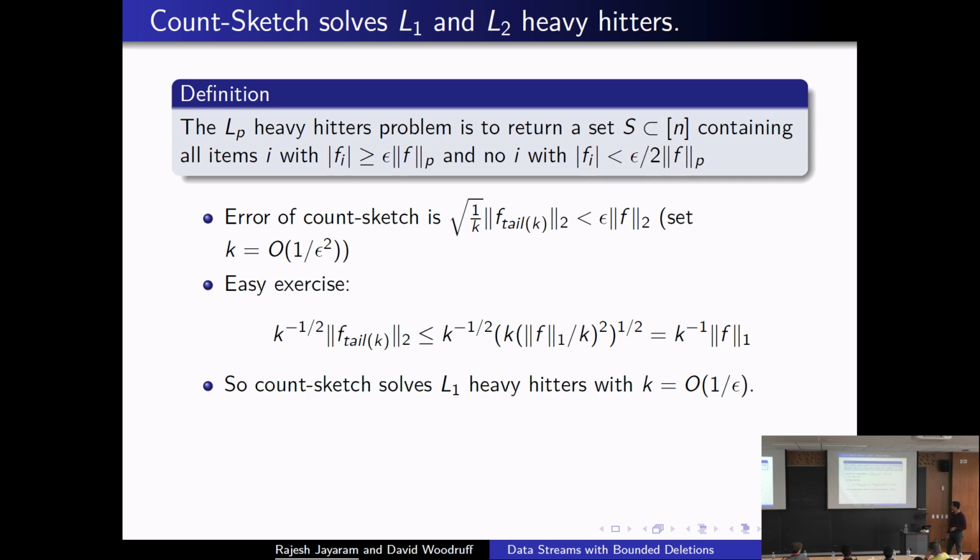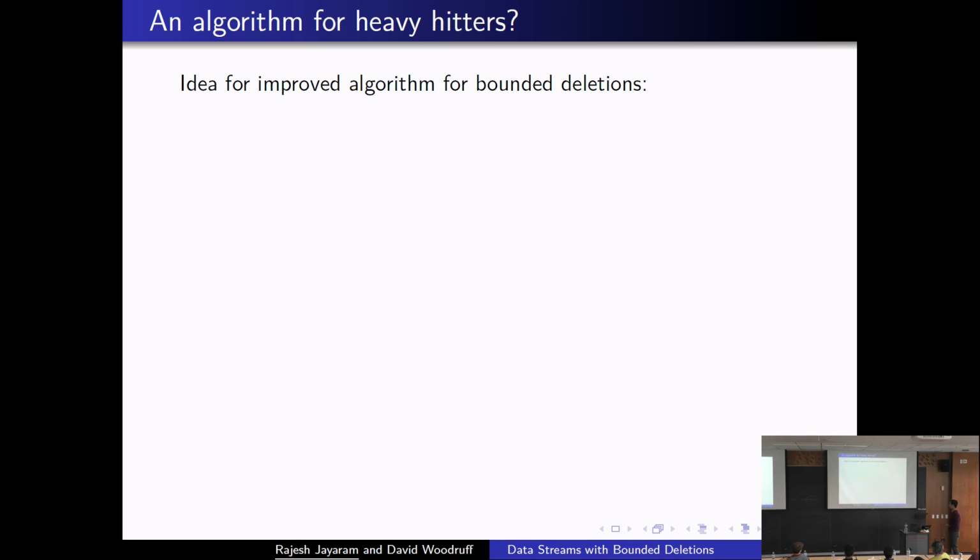So the complexity is 1 over epsilon log squared n. What we're going to do by sampling is reduce the sizes of these counters. By reducing the sizes of the counters, we save a log n factor and change it to log alpha.